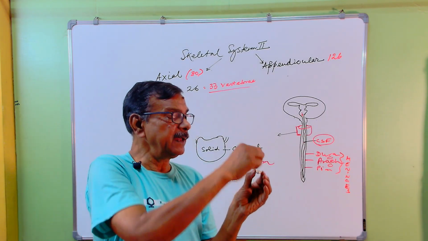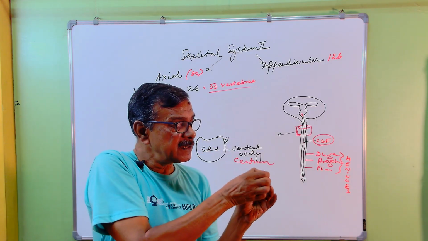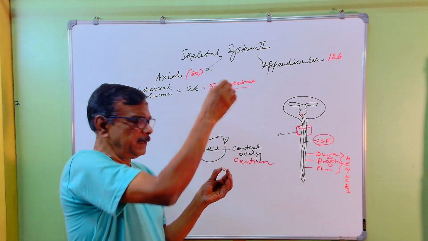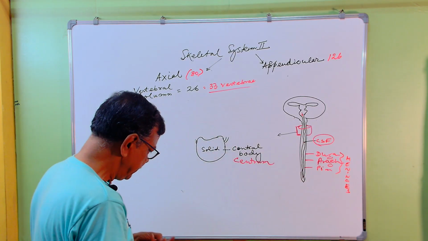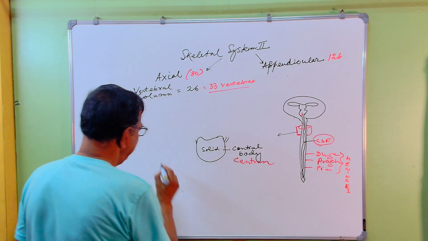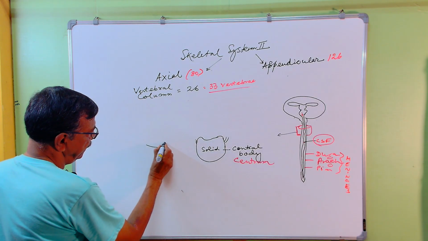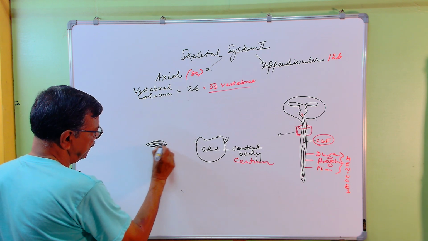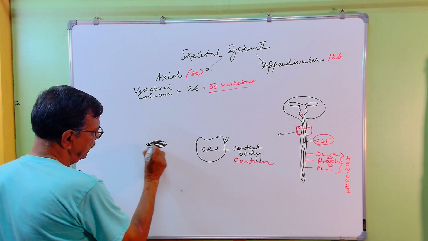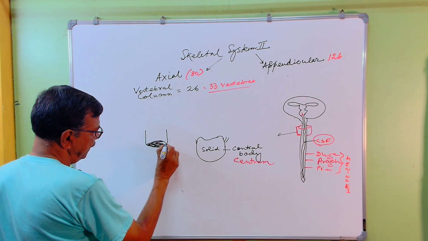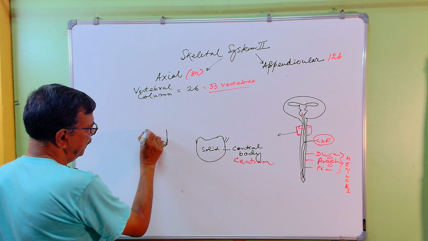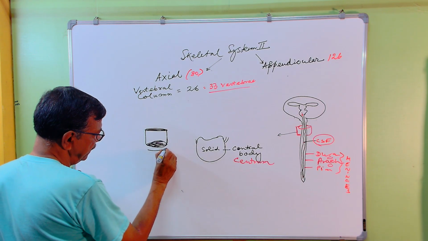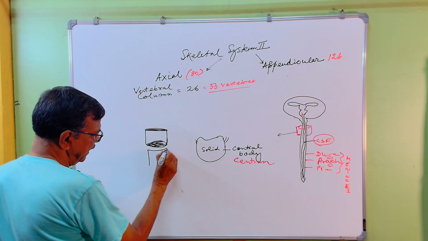And then whenever another vertebra comes here, this centrum remains, like this solid figure. And here also remains another vertebra.